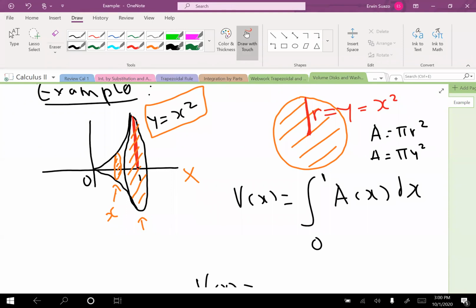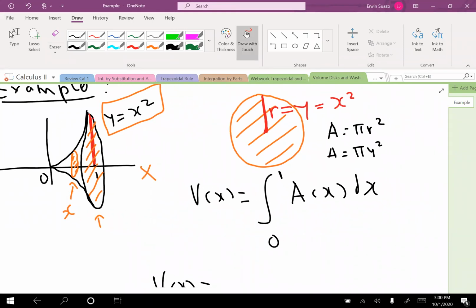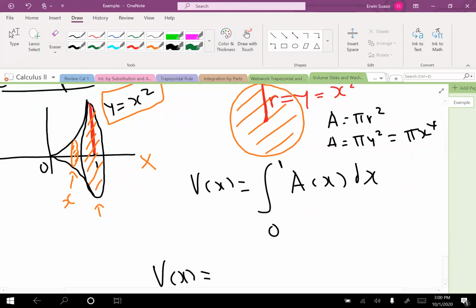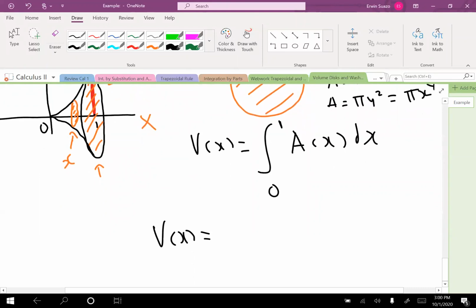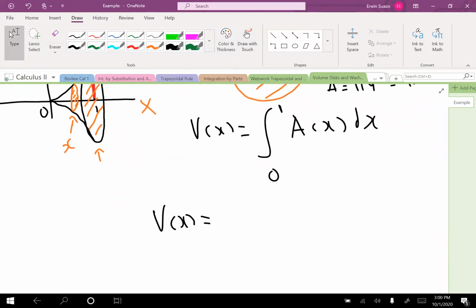So that will be what? Pi x to the 4, right? So we put it right here. So that's my A(x). So I have to put it 0 to 1 of pi x to the 4 dx.